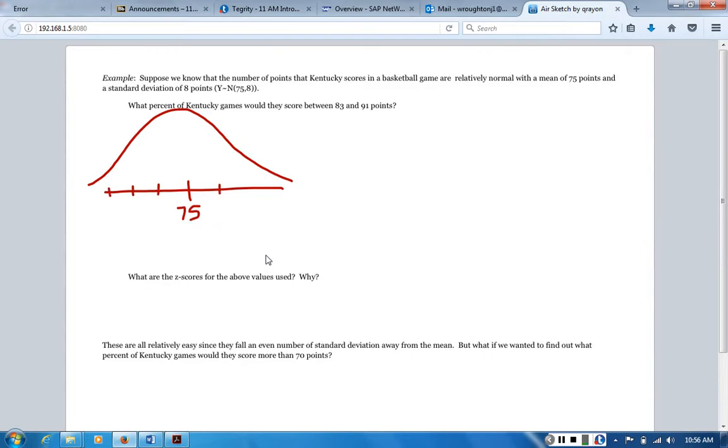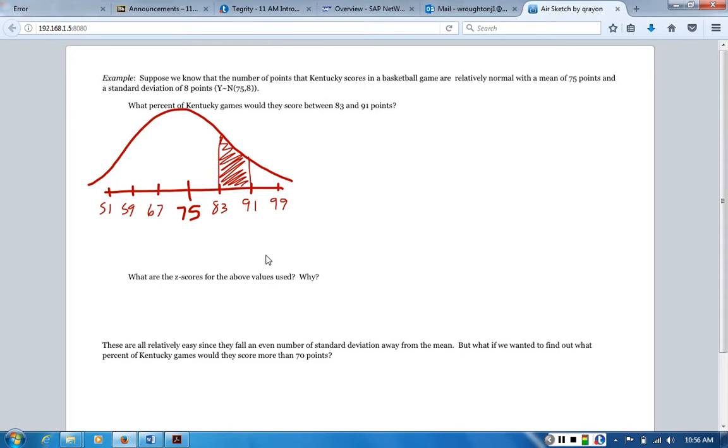I have that same standard deviation, so the numbers on my picture aren't going to be any different than they already were. We had 67, 59, 51, 83, 91, and 99. Our goal is to find between 83 and 91. So our picture would look like that.